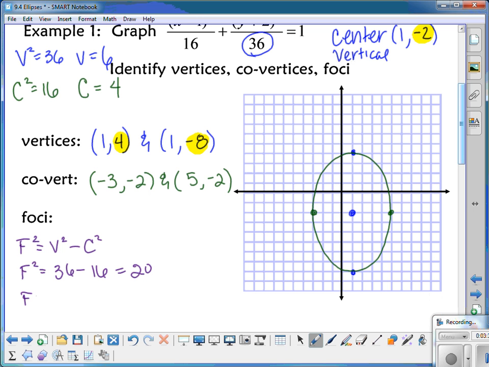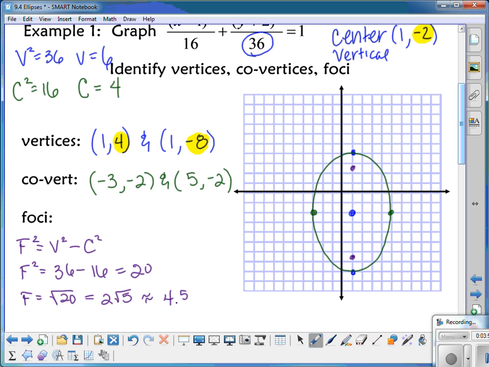So the distance to the focus is going to have to be the square root of 20, which we write as 2 root 5. And just so I can graph it, I'll figure out that from a decimal standpoint, it's about 4.5. So going from the center, I'm going to go up 4.5. 1, 2, 3, 4.5. And go down 4.5.